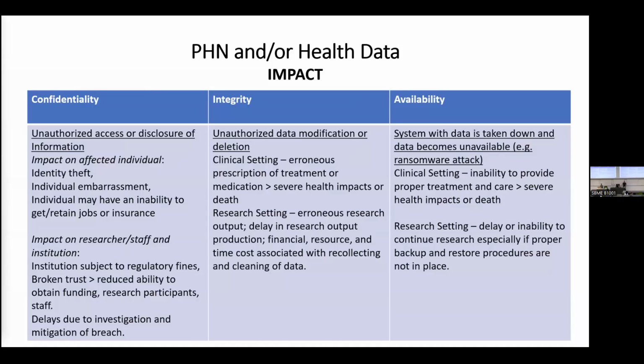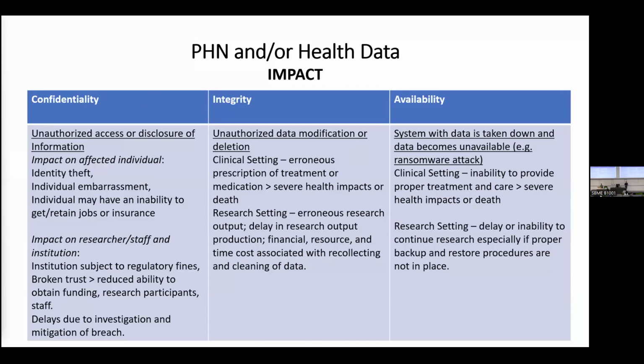That's an integrity attack. Or maybe the information that you've painstakingly collected gets corrupted by a piece of malware on a computer, and now all your readings are off, right? You still have the data. It hasn't been disclosed anywhere, but it's now been rendered wrong. It's an integrity problem.